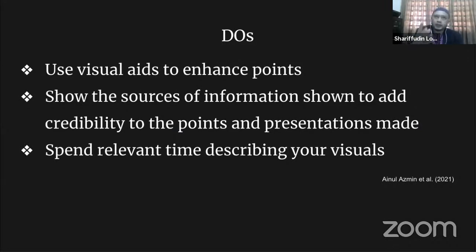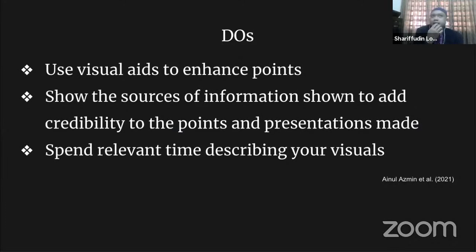Okay, if you have the slides, the visual aid doesn't matter whether it's a slide, PowerPoint, manila paper, visualizer or flipchart, things like that. So spend relevant time describing your visual. Don't just project the slide on the screen and then not say anything.